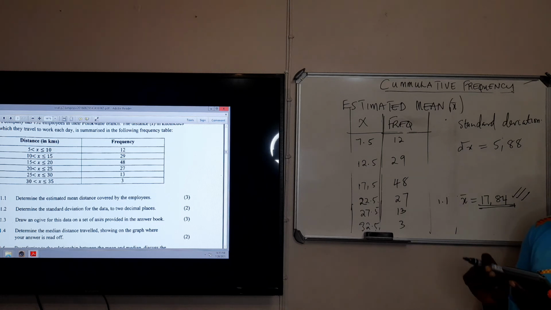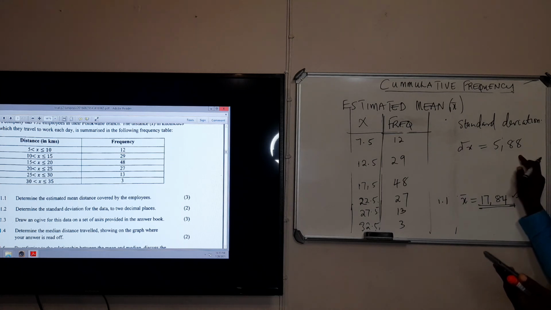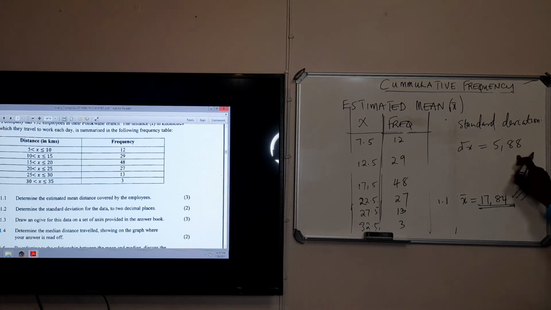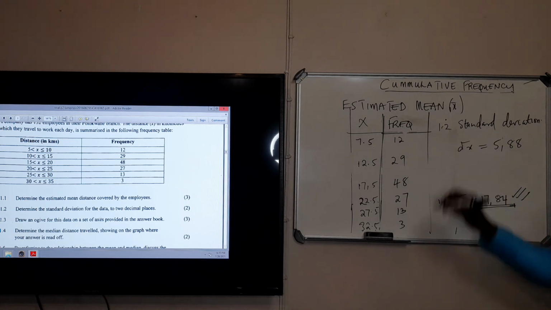It was 5,877, but remember 7 is more than 4 in terms of after the decimal place. So you shift it 1 unit backwards to this other 7 to make it 88, 2 decimal places. So that's what you get. That is our standard deviation for 1.2.